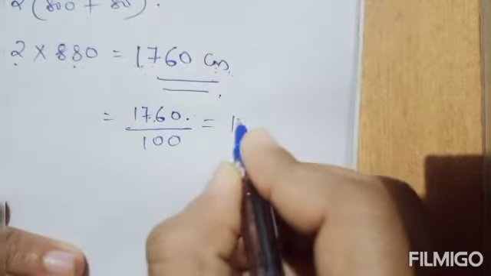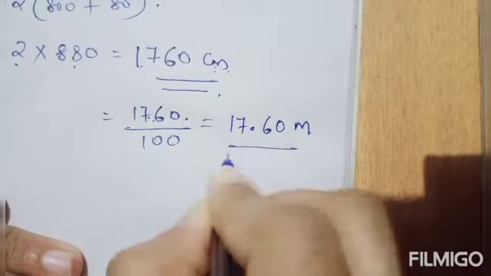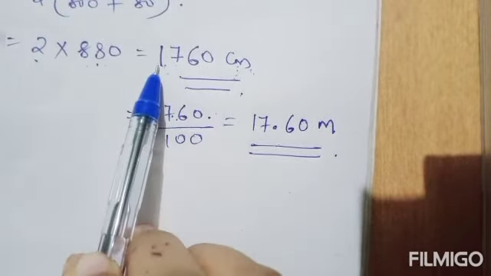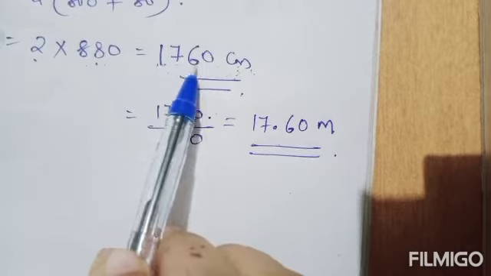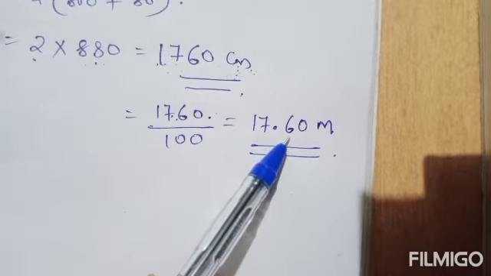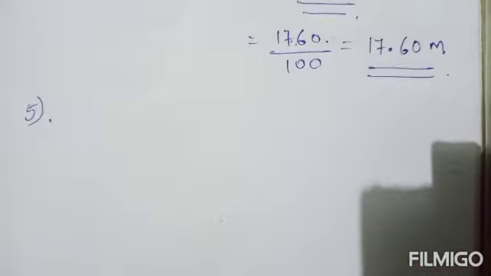So you will get 17.60 meter. So in centimeter, the perimeter will be 1760 centimeter. In meter, it is 17.60 meter.